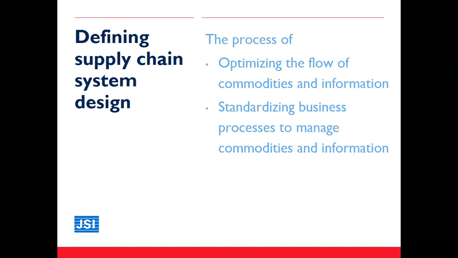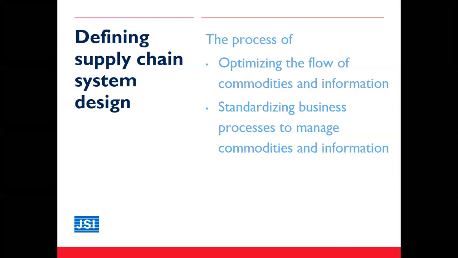So let's start with defining supply chain system design. Health commodities for all health programs need to move from the point of entry to service delivery points. We all know this, usually through intermediate storage facilities, in order to meet the goal of a supply chain to provide the right quantities of the right health products in the right place at the right time at the right cost.